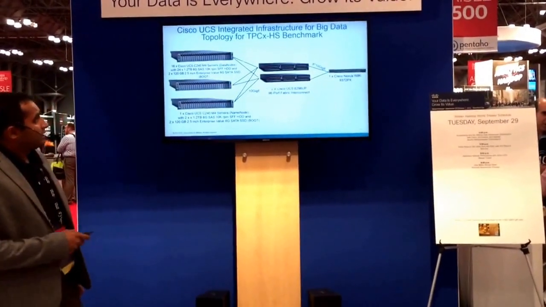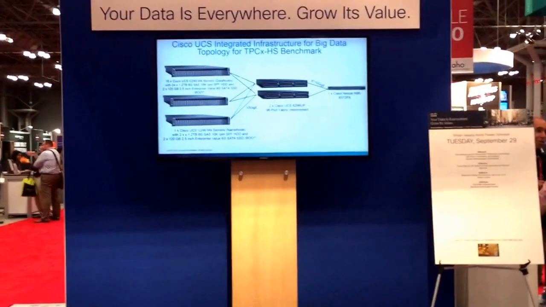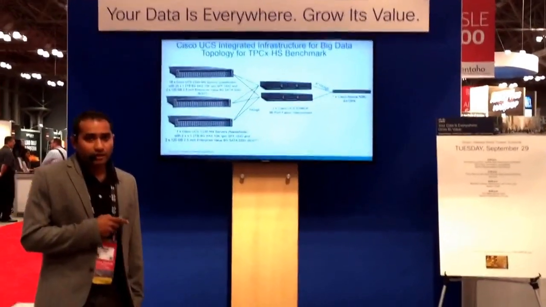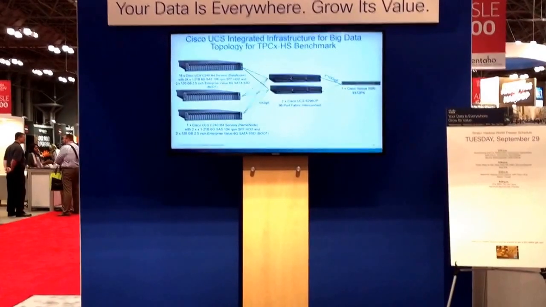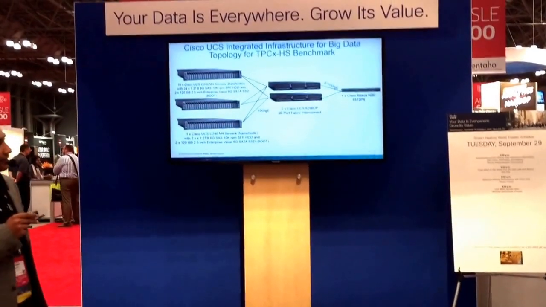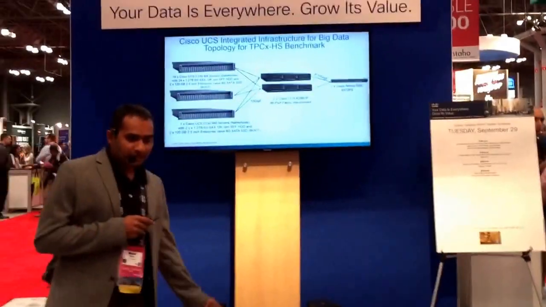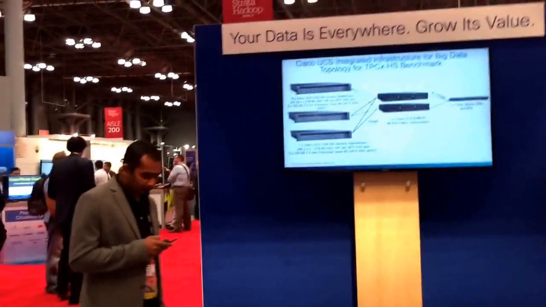The publication we did two weeks before was an integrated infrastructure big data topology. We used 16 data nodes and 1 name node, all connected to a pair of Fabric Interconnects, and each Fabric Interconnect has 8 10-gig links connected to the 9K. We are using Bond mode 6, which I will go through in a later part of the presentation.